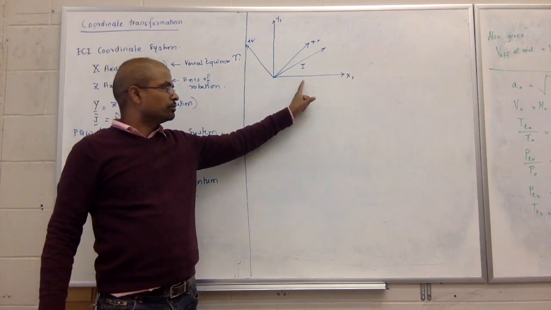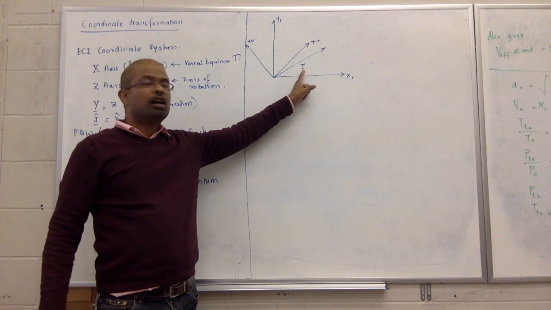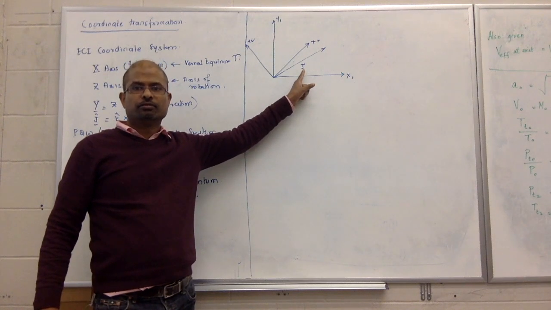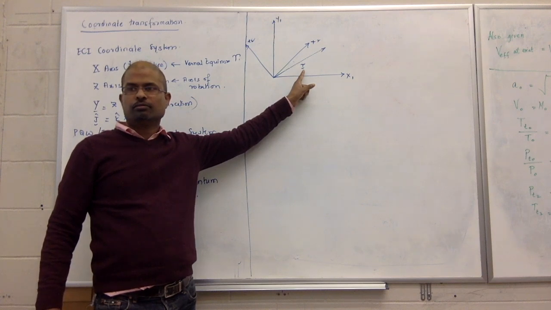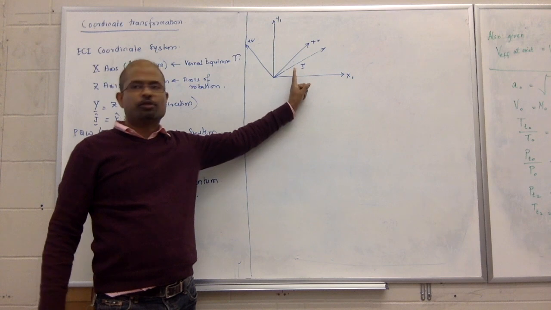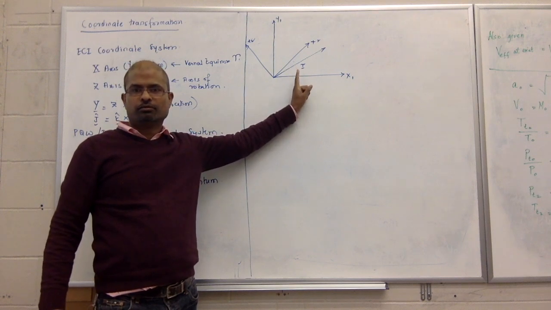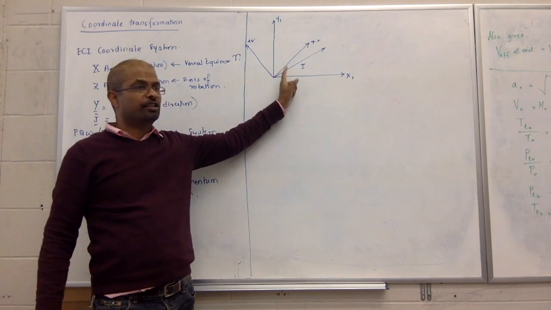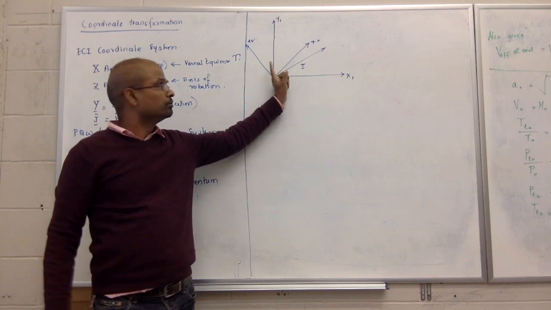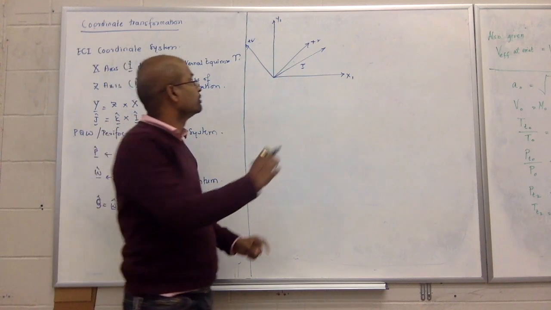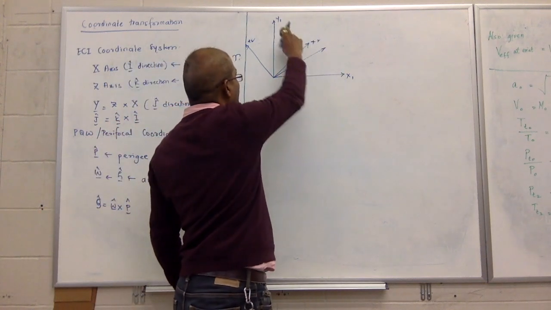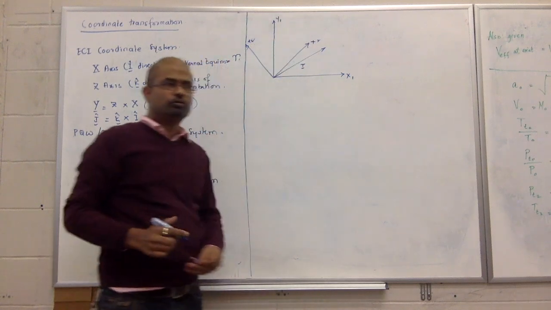In what frame can this r be defined? There are two frames here, x1, y1 and x2, y2.